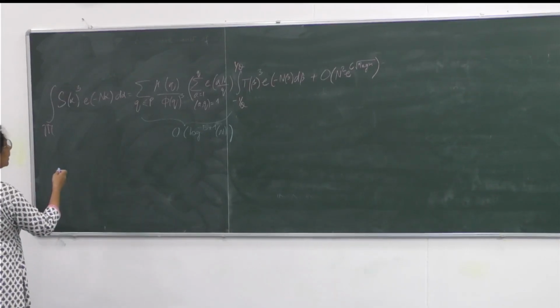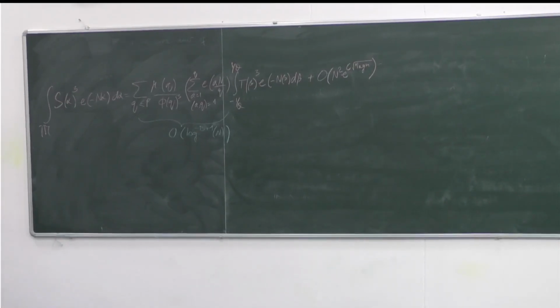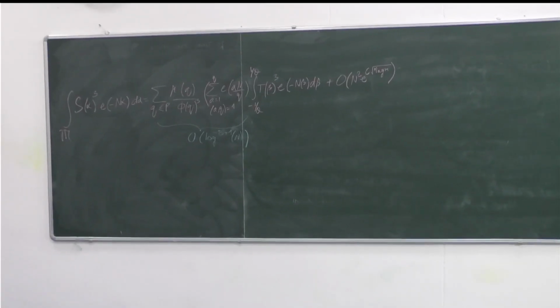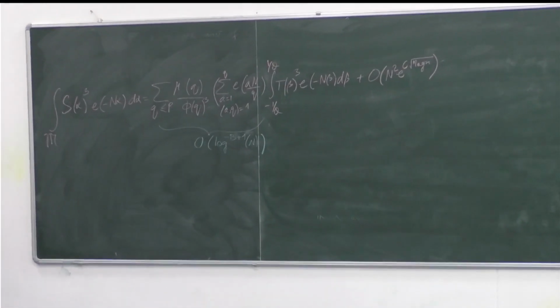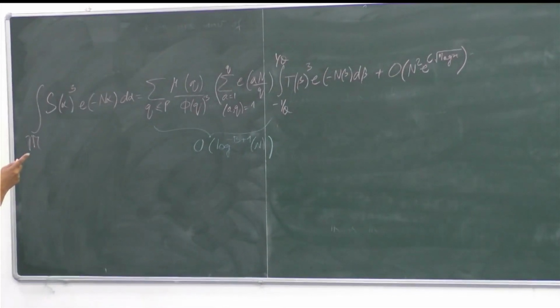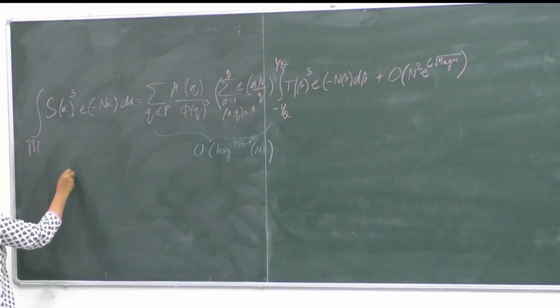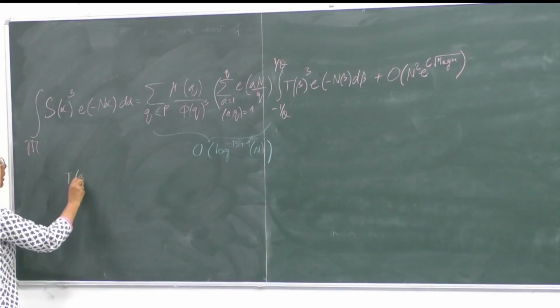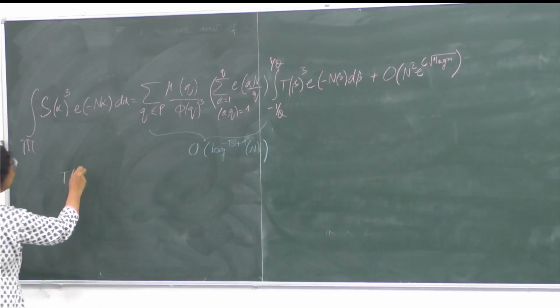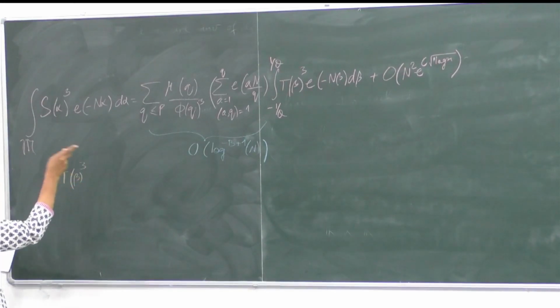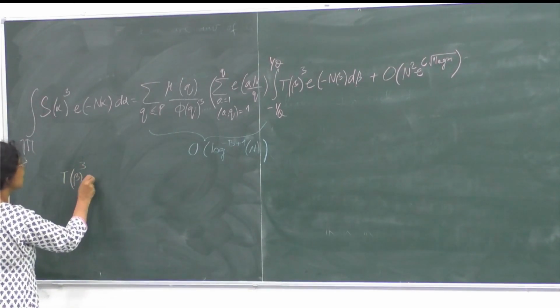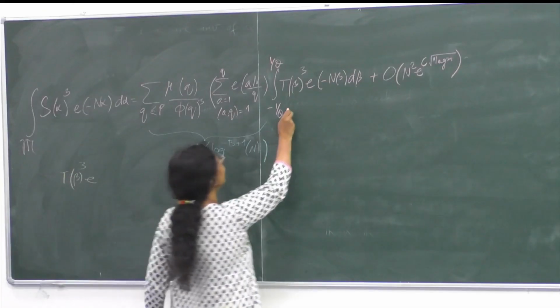So let's do this part. Let's do the second part. This part is 1 by, so we have now T beta, you remember this T beta that came up, T beta to the cube, and then we have the exponential. So now we are going to do this one here.